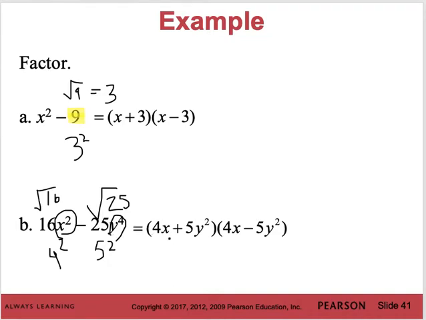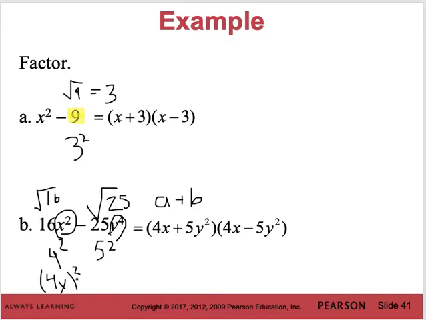So we have 4x plus 5y squared, a plus b. Originally we had 4x. If this whole thing was squared, then we'd have 16x squared.